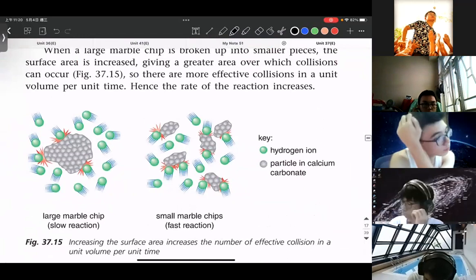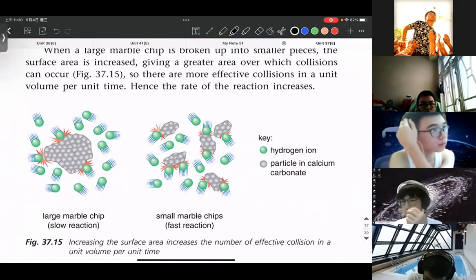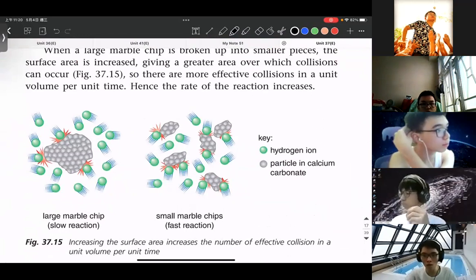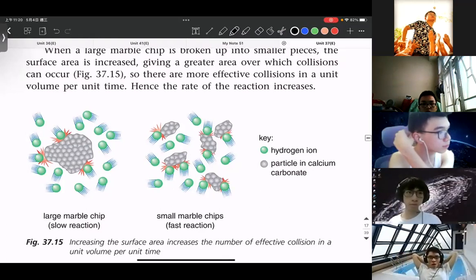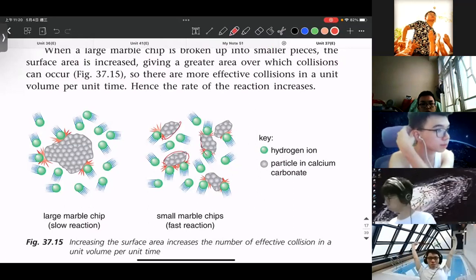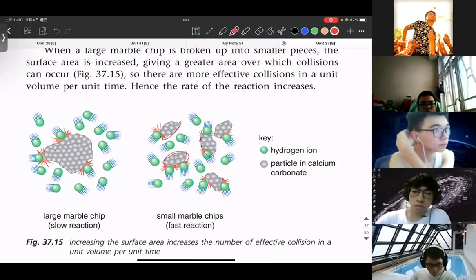Why do we need to insist that the surface area of Mg is so important in this reaction? Because if you have a larger surface area, you may get some extra surface area like here, this part and this part.